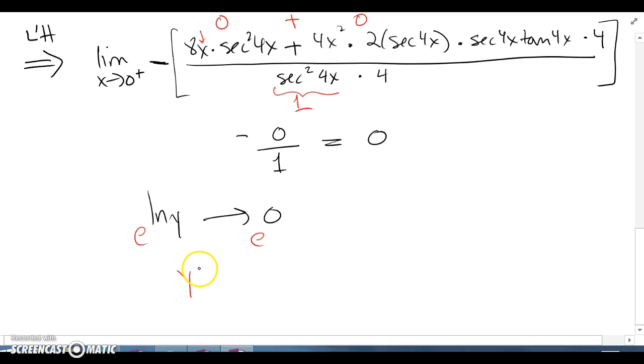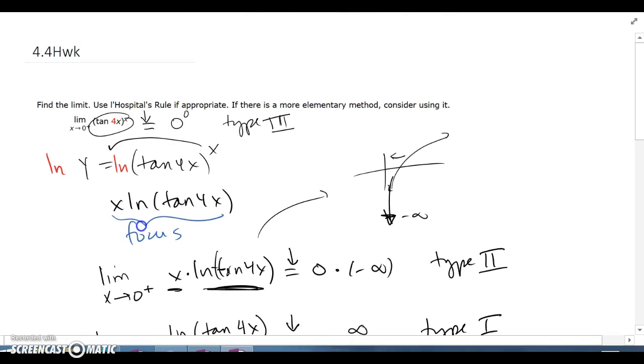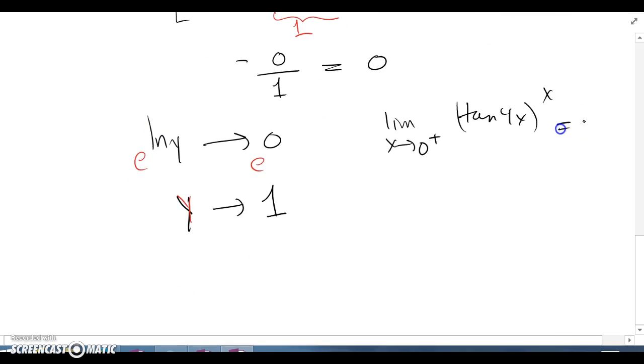So y goes to e to the 0, which is 1, which means ultimately the limit as x goes to 0 from the right of tangent 4x to the x, which was the problem, is equal to 1.